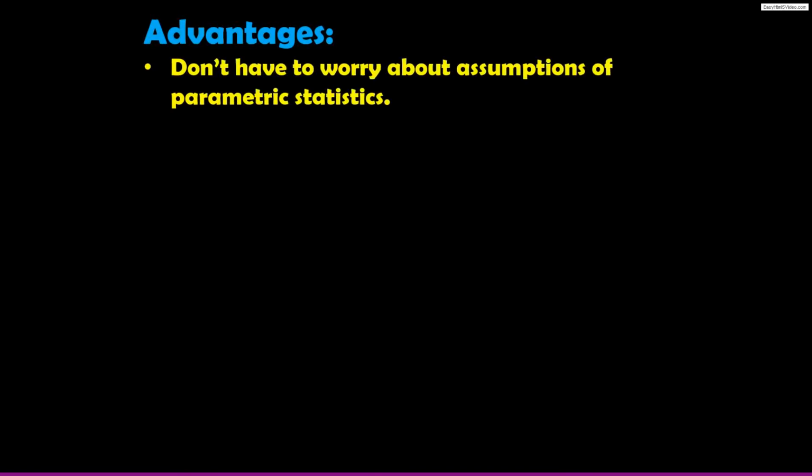Okay, so some advantages. I'm not going to talk about this anymore because you already know how to do this kind of permutation testing. So advantages: you don't need to worry about any assumptions of parametric statistics, like I discussed previously. All the analyses are performed within Matlab. You don't need to interface with other software programs.